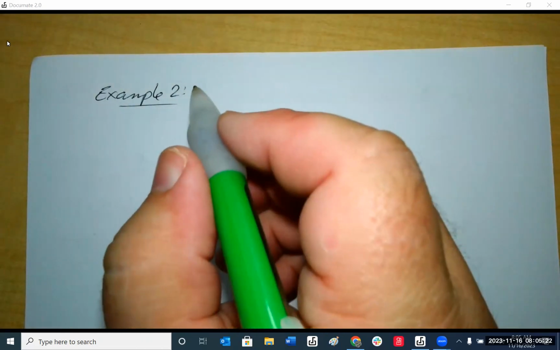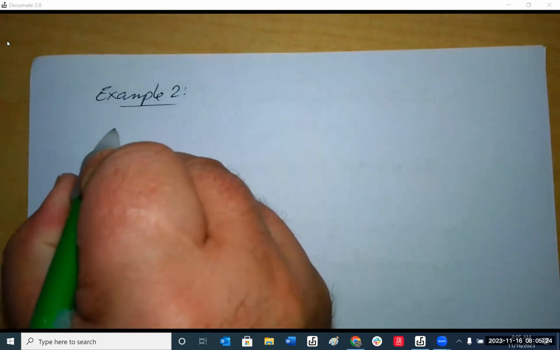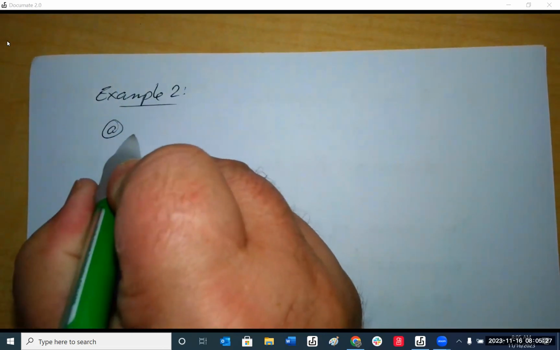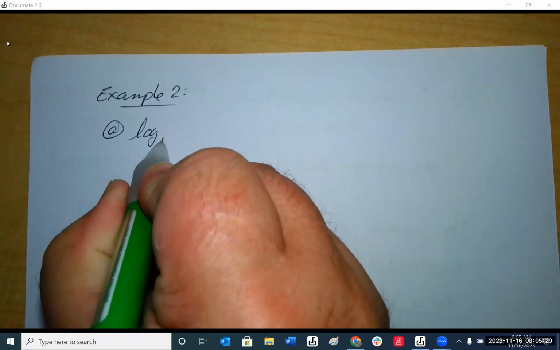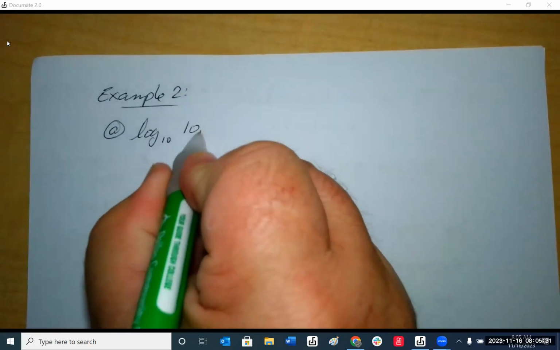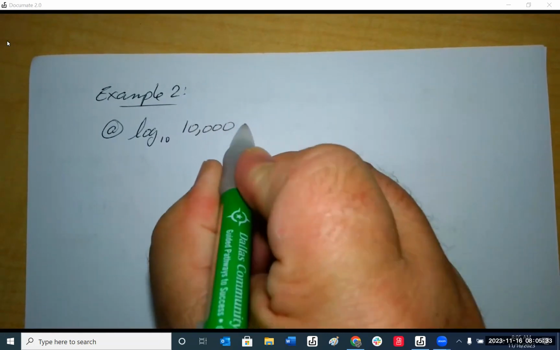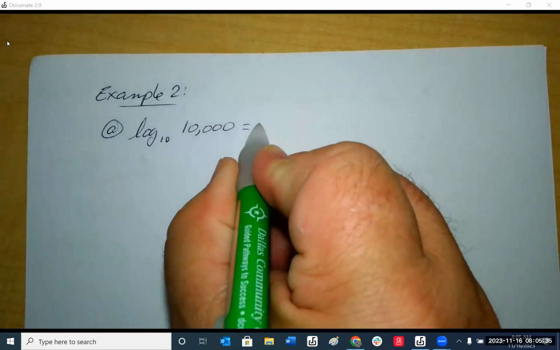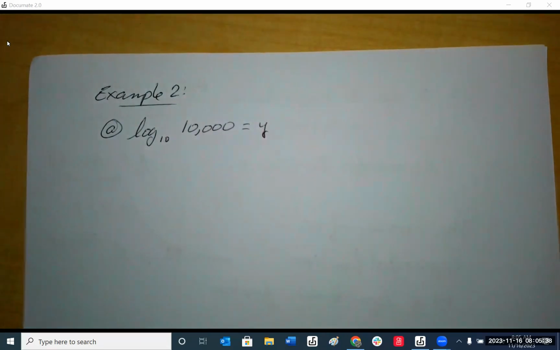It says find each of the following. So we have log base 10 of 10,000 equals y, some number y.